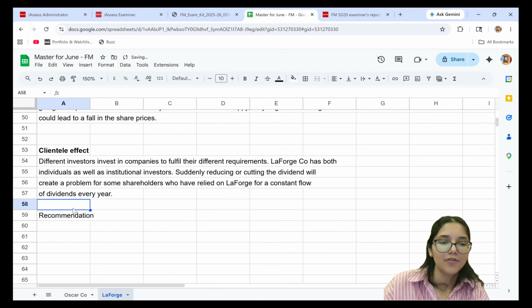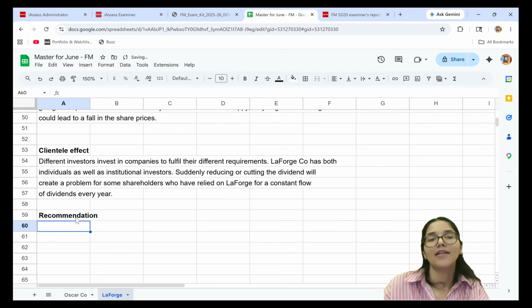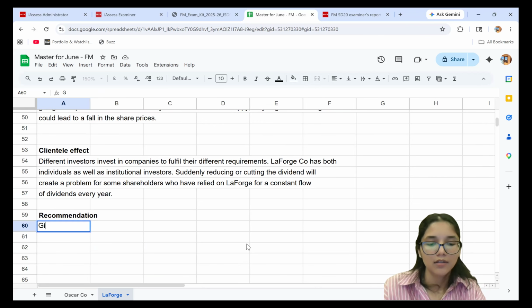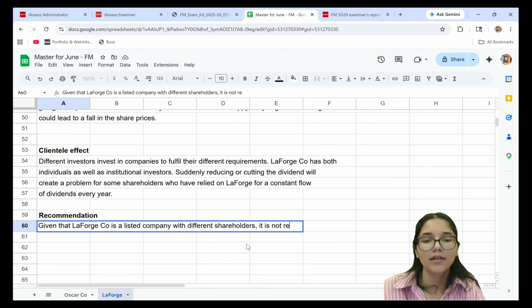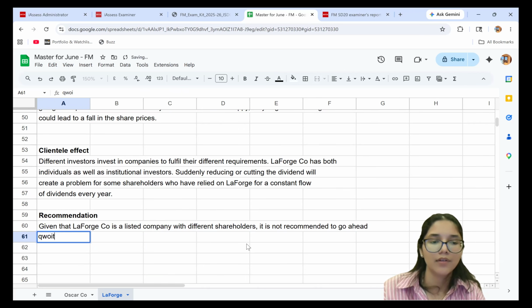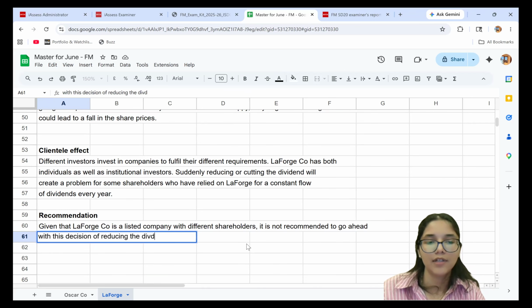And then further, I can give my final recommendation. In my final recommendation, what I will write is I will say that given that LaForge Company is a listed company with different shareholders, it is not recommended to go ahead with this decision of reducing the dividends.